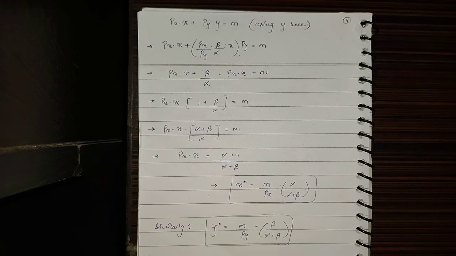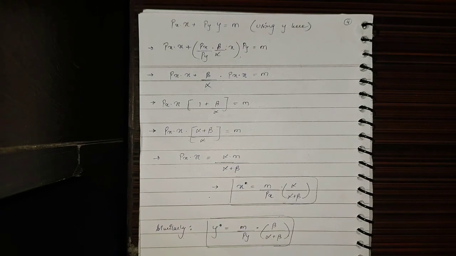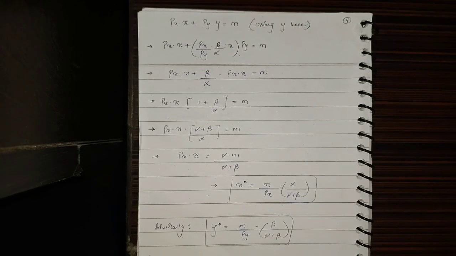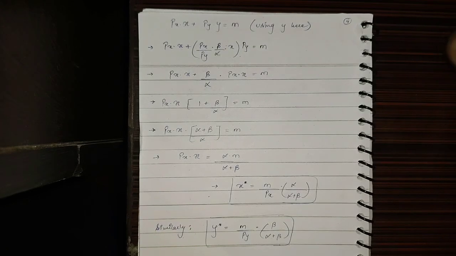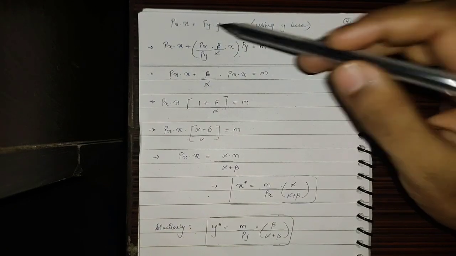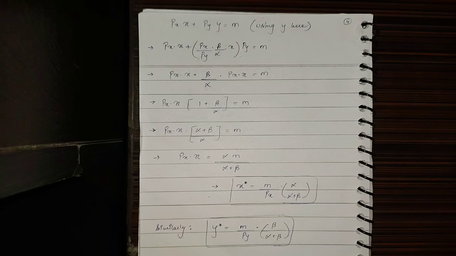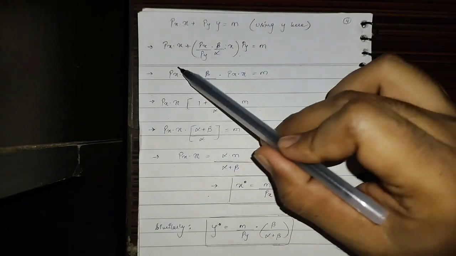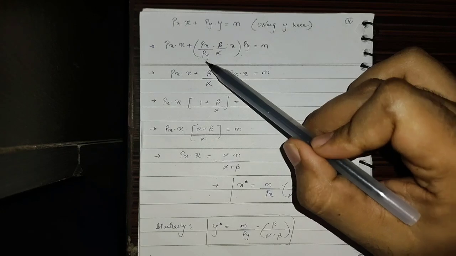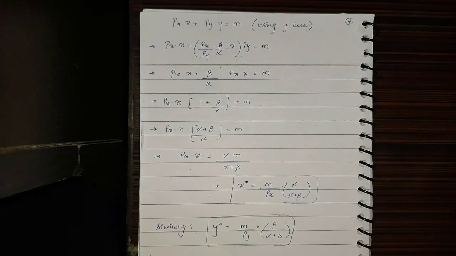So using the relation between x and y, we substitute it back into the budget line's equation in place of y, and I have written this py here. Once substituted the value of y that we got from earlier, we get something like this. Here we can cancel out the py and py terms.